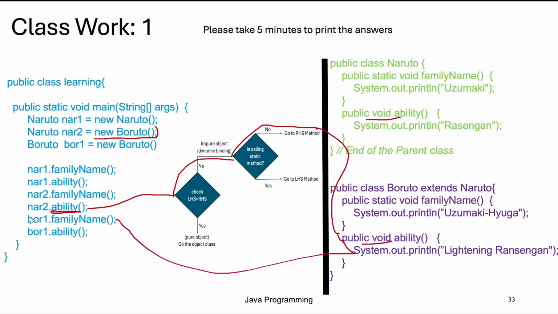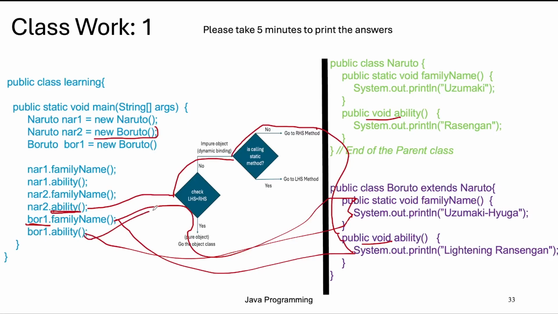Now, if you look at the object bor1, it is a pure object. Okay. So simply it will go to the family name in the Boruto class. Prince Uzumaki Hyuga comes out. Next, it will check the Boruto.ability line.